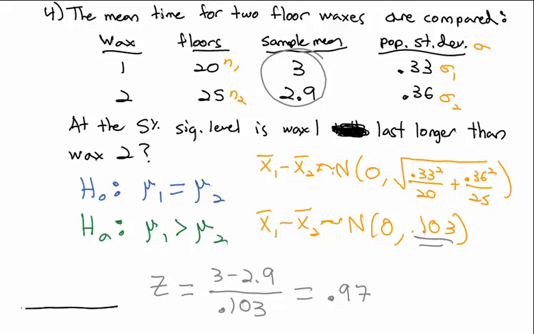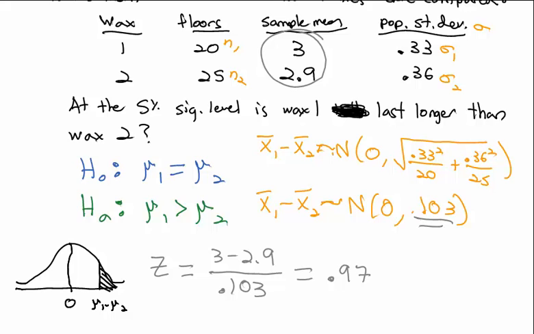we never drew our picture, so we make sure we're on the right side. So here they're equal. 0, mu1 minus mu2, over here we want to be a positive value. So we want that area over there. I could even label that, that's the 0.97 point. The table is going to give us the area inside.